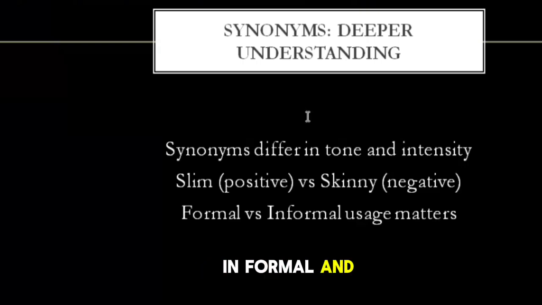In formal and informal language, we have already discussed it, that formal language is क्या है? Formal language is the language that is used in offices, like in university, in classes.